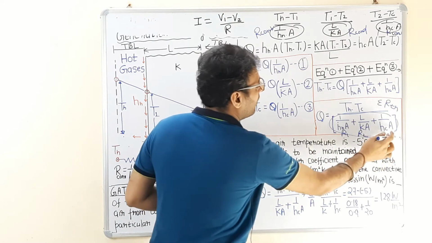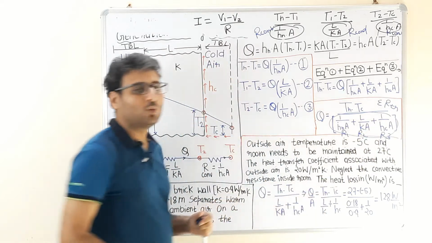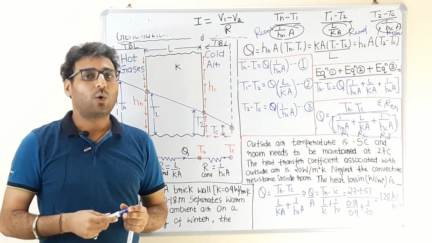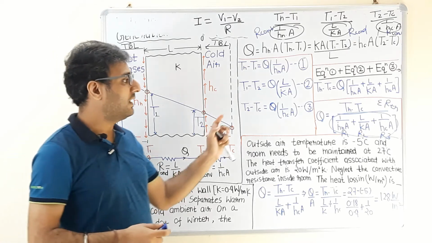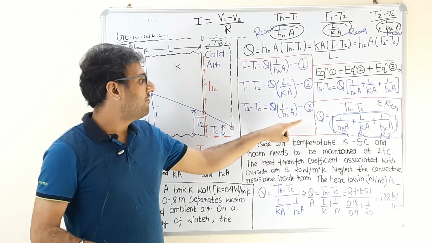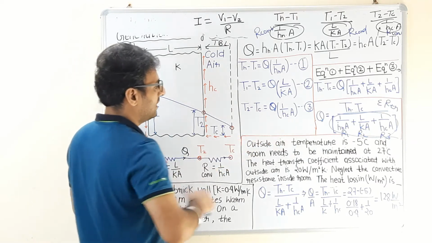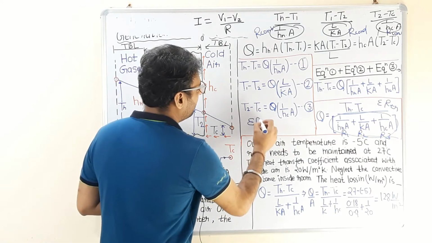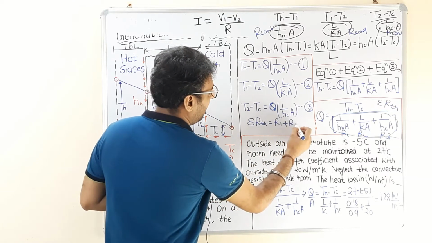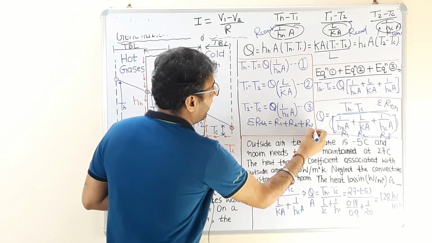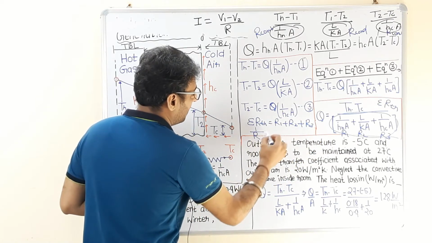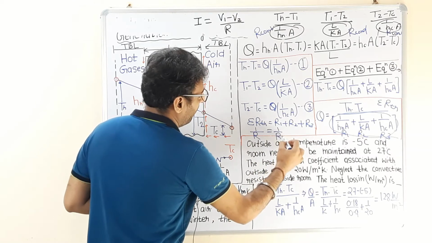So from here we can conclude that the rules which are used to add electric resistance hold good also for thermal resistance. So if thermal resistances are in series, we can get the equivalent thermal resistance by adding them. And if thermal resistances are in parallel, then we can get the equivalent thermal resistance by this formula.